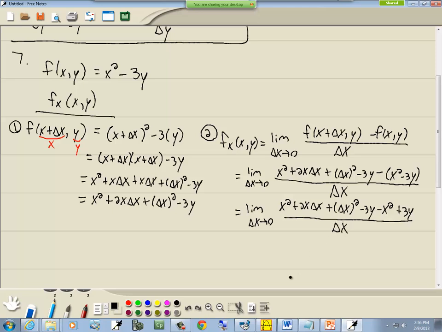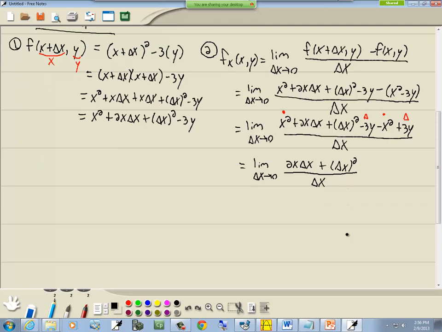delta x. Now the main problem is the delta x down below, so that's what we're trying to get rid of, our goal. This x squared here cancels with this negative x squared. This negative 3y cancels with this positive 3y. So up on top, we have 2x delta x plus delta x squared over delta x.